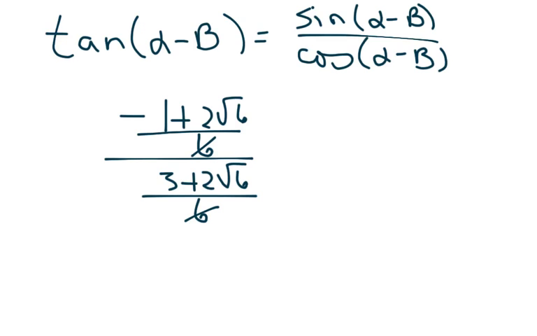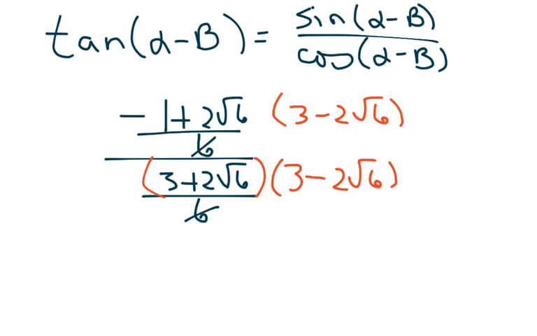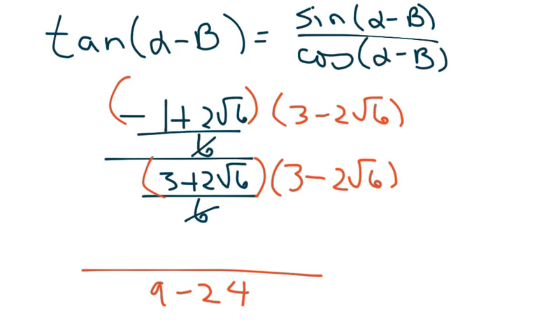I'm going to go from here and just rationalize to save room. So it's 3 minus 2 root 6 times 3 minus 2 root 6. And I think we get the same thing we did before. That's going to be 9 minus 24. And the numerator, I believe, is the same as well. -3 plus 2 root 6 plus, in this case, plus 6 root 6 minus 24.